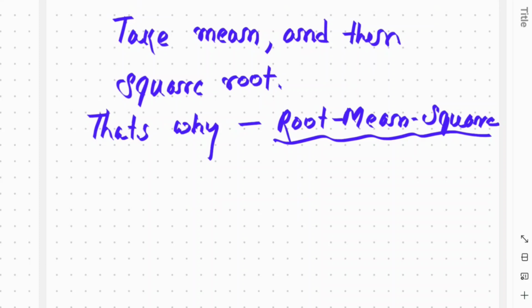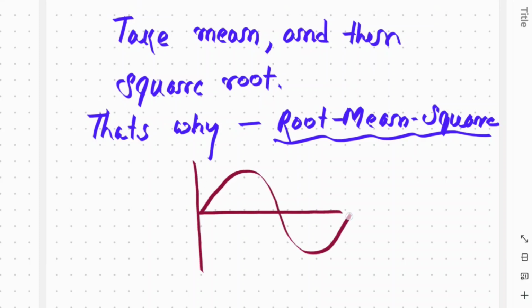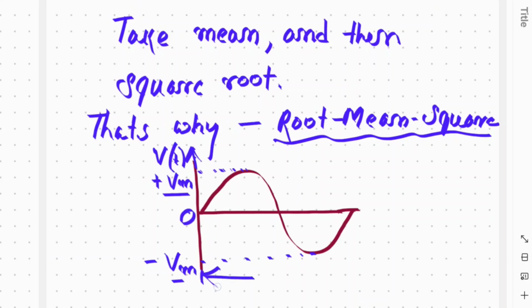Now if we consider a waveform, first we'll draw it. This is v(t), this is Vm, the maximum value, plus Vm for the positive half, and minus Vm for the negative half, and this is 0, and this is the total time period.